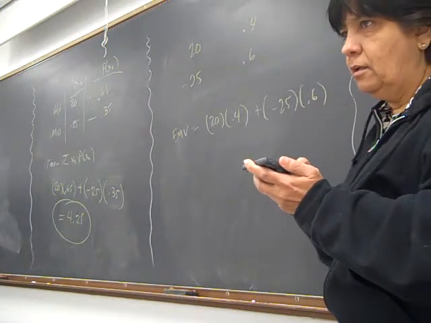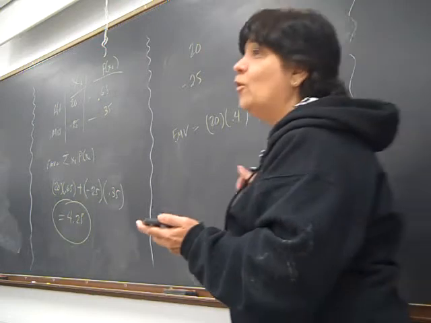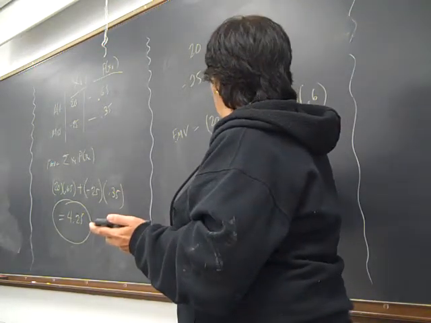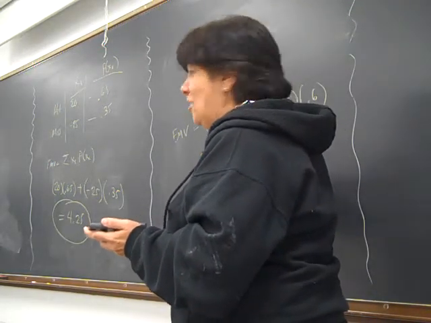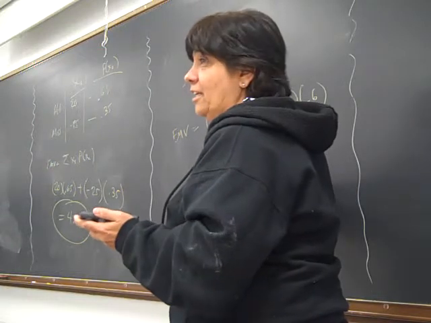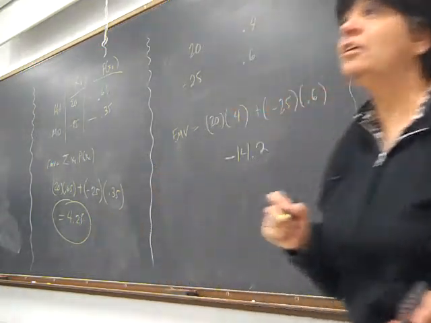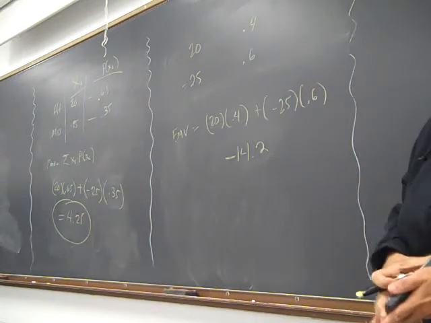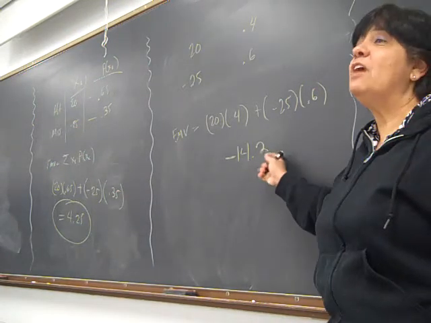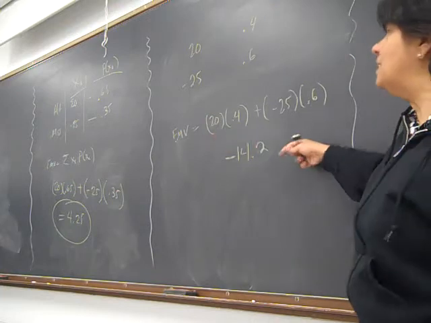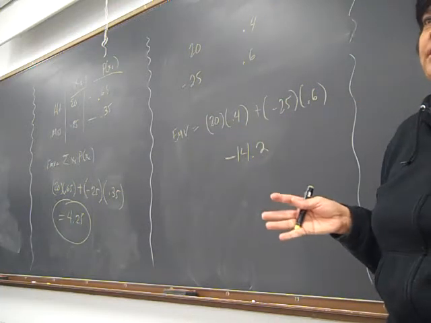That's negative 14.2. So in the long run, you're going to lose $14.2 every time that you throw. In this case, you shouldn't accept the bet.